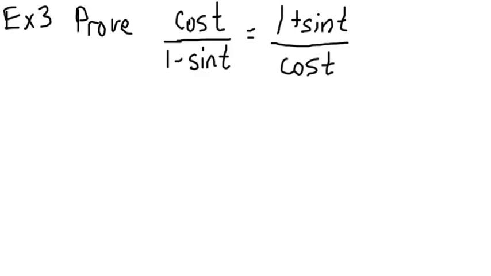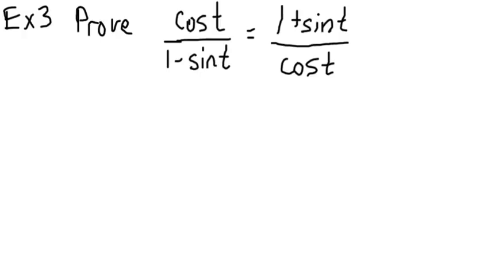Example 3, we want to prove cosine t divided by 1 minus sine t is equal to 1 plus sine t over cosine t. First step, just like the last problem, we need to determine which side is more difficult. The sides are fairly equal in how difficult they are to simplify, but we're going to start with the left side because there's two terms in the denominator.